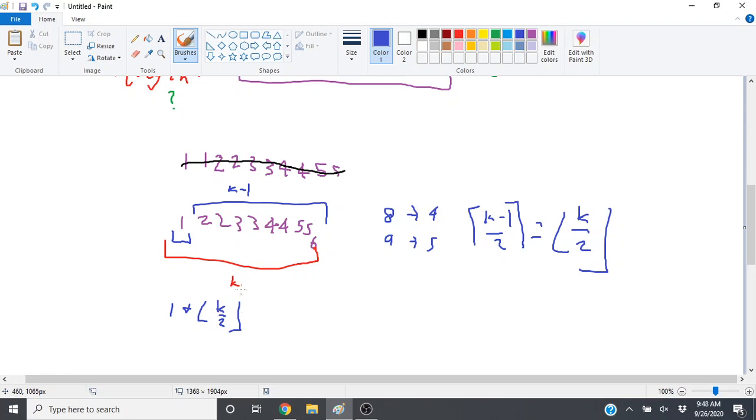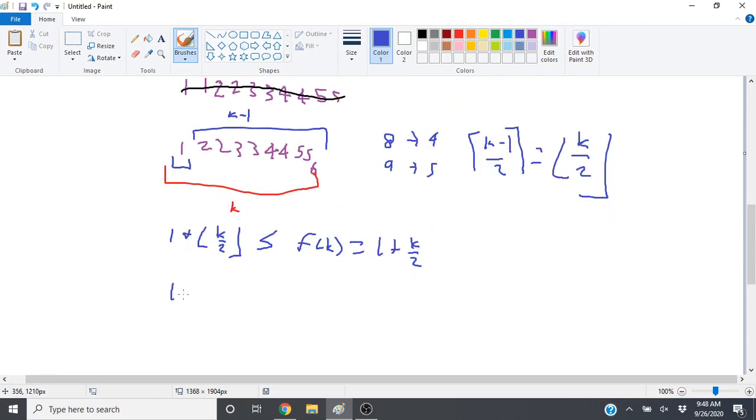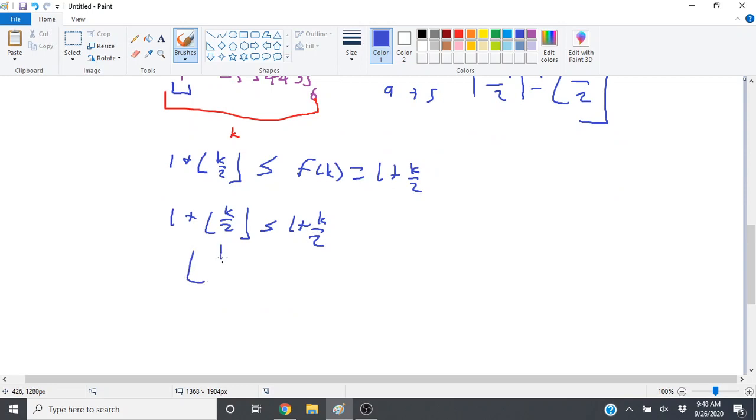But you can now notice that this is always less than or equal to f of k, which is equal to 1 plus k over 2. And we can show that if we have this inequality, 1 plus floor k over 2 is less than or equal to 1 plus k over 2, then we just need floor k over 2 is less than or equal to k over 2. And this is the definition of floor. Any floor value must be less than or equal to its original value.